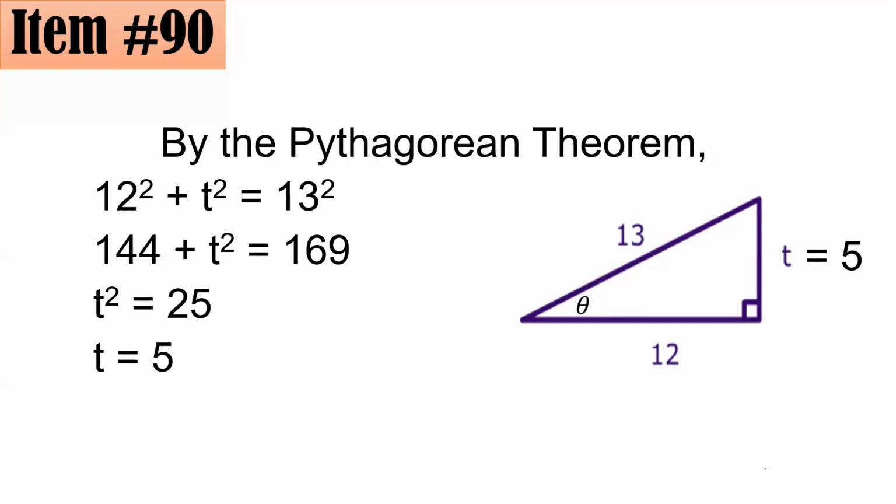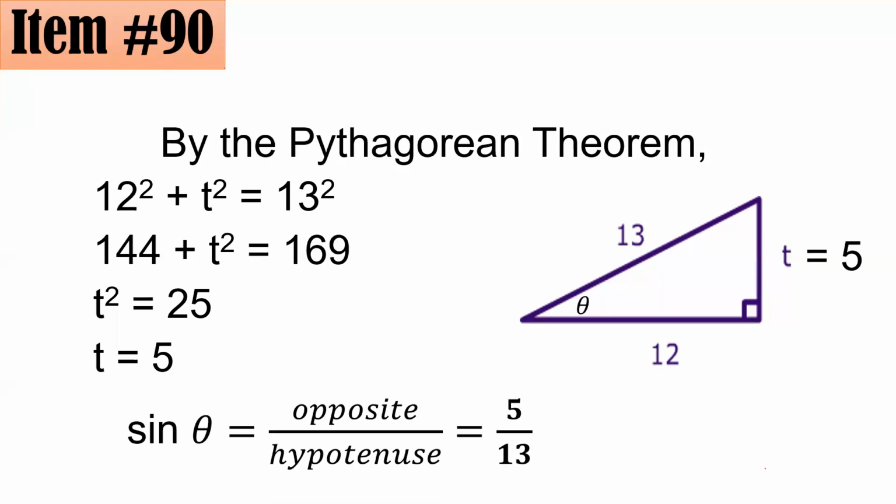And yung tinatanong po sa atin ay sine theta, no? So that would be opposite over hypotenuse, which is 5 over 13. Letter B po. Okay. Yes, and also, Sir Chad here has an alternate solution.